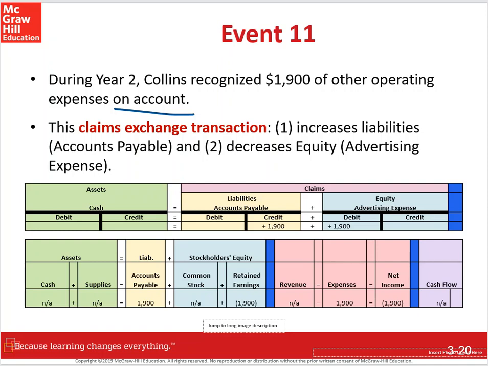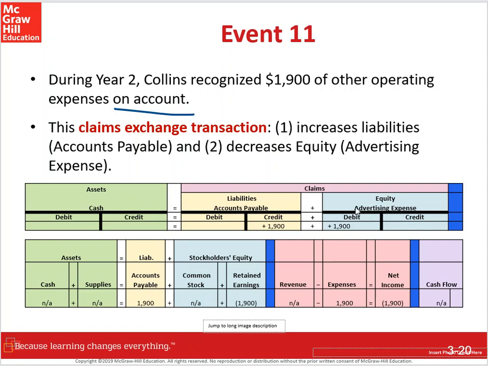So again, $1,900 of other operating expenses on account. So what's going to happen? Well, we've determined it's accounts payable, and that's going to be going up. The liability is going up with a credit, and then we need to expense it now. We need to expense those other operating expenses in the period that they belong to. I know they put advertising expense here on the T account. It should be operating expenses. Doesn't matter.